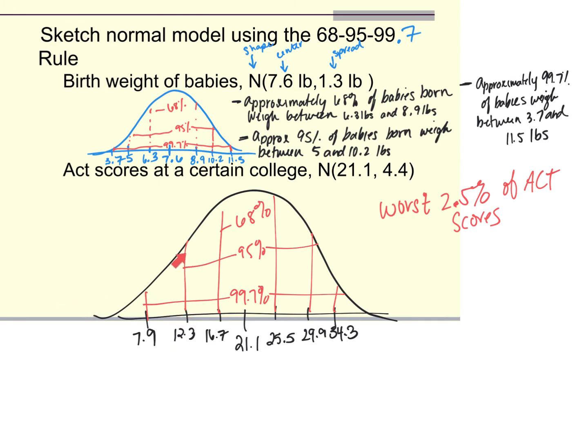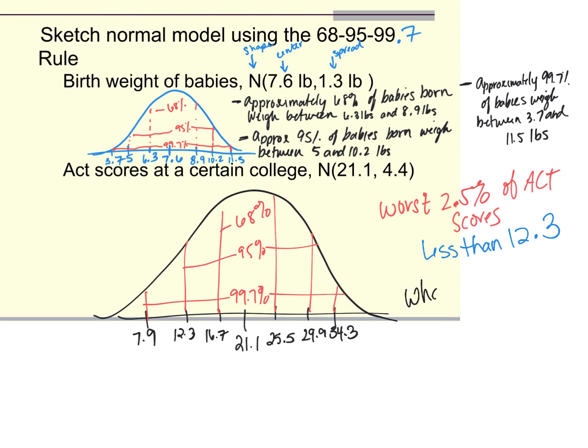That's 2.5%, we said, because 95% is in the middle. That leaves 2.5% in each tail. So the worst 2.5% of scores is less than 12.3. The middle 68% of scores would be between 16.7 and 25.5, right?